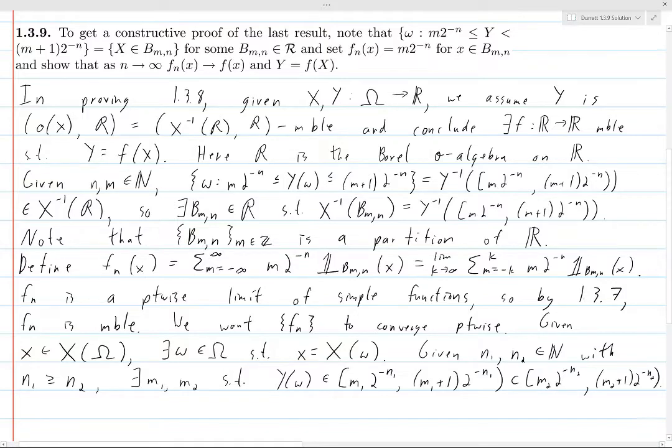But you see, the first one is going to be a subset of the second one, because 2 to the minus n1 is going to be smaller than 2 to the minus n2. And so because of that, this half-open interval on the left is going to be contained in the half-open interval on the right.